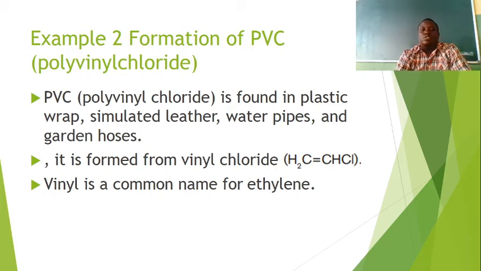Some leathers are not pure; they are mixed with polymers such as polyvinyl chloride. Many water pipes and garden hoses are made from this polymer. Many materials that we use in our life are made of polyvinyl chloride, which is PVC in short.